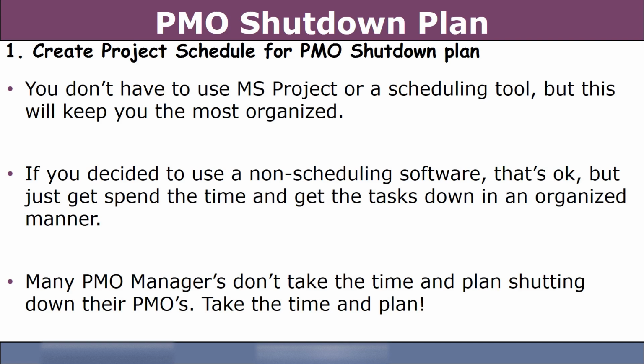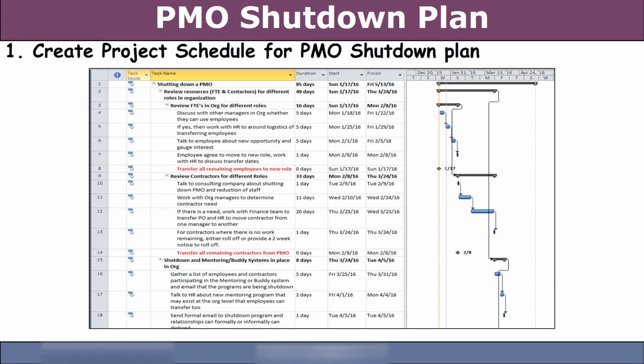Many PMO managers don't take the time to plan shutting down their PMOs, and I'm strongly suggesting you do that and create that plan. And of course, I'm going to recommend creating a schedule, right? And here's exactly what that schedule would look like. You'd have your tasks, your durations, your start, your end, you'd put some resources on that, but you'd have a formal plan in place so you can talk to your executives and say, hey, this is how long this stuff's going to take.